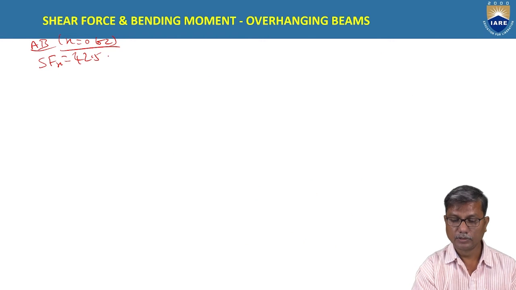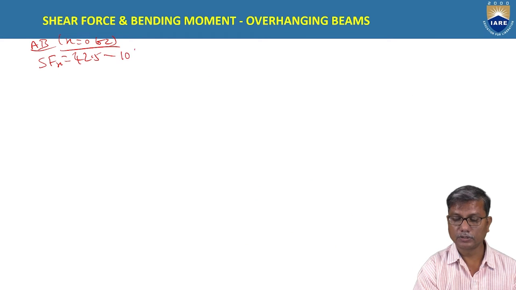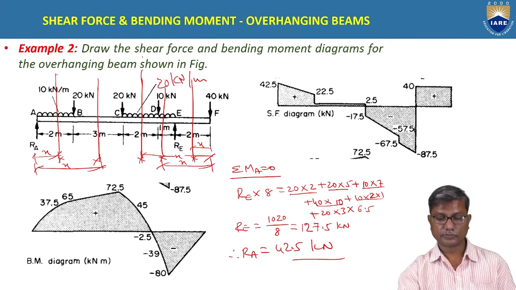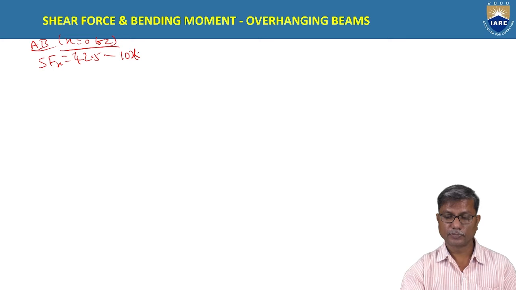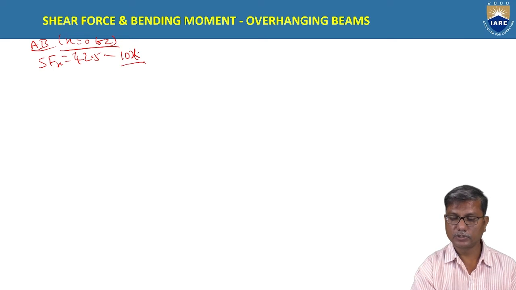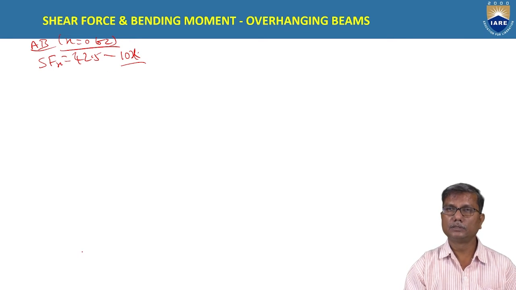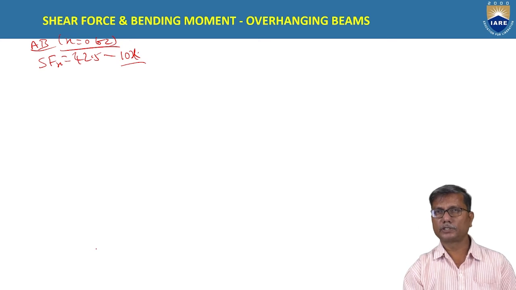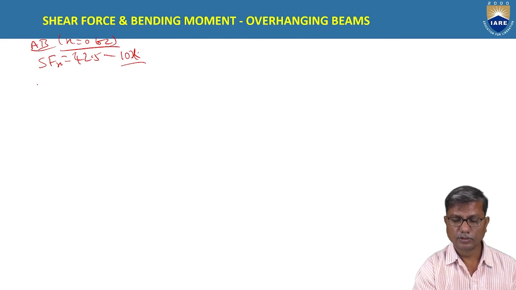Okay. Minus 10 into X. So here shear force is dependent on X, the position of the section. At X equal to 0, shear force at A will be 42.5.